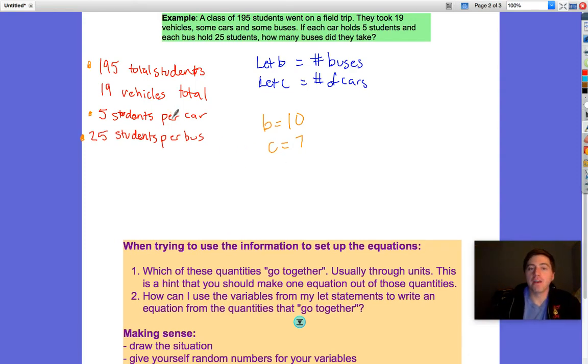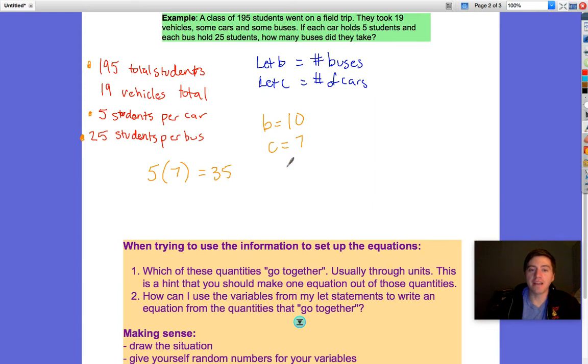So how would I find the total amount of students? If I have 10 buses and 7 cars, students in cars would be 5 students per car times 7 cars, which gives me 35 students in cars.